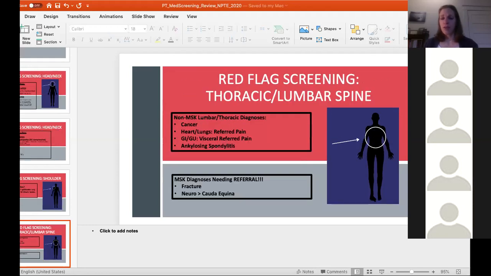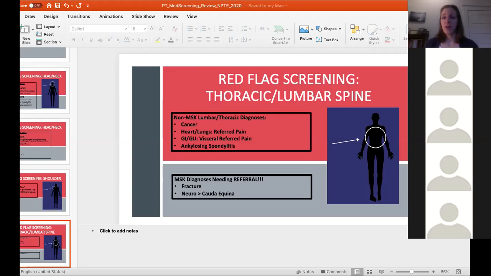Moving into thoracic and lumbar spine, there are red flag diagnoses that we want to rule out here. Cancer is a really big one in the thoracic spine, and metastatic cancer, so cancer that has spread to the spine as a secondary place of origin, coming from some other body area, is not uncommon.